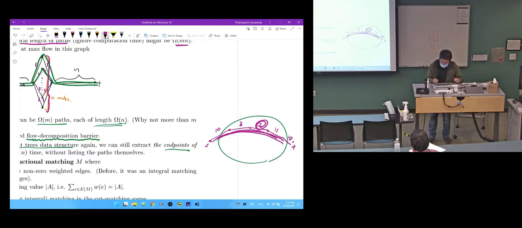Once you find this, you look at the 2 endpoints here; this is the endpoint of your path. Subtract the whole thing by 2 and repeat. You get each path's endpoints in log n time per path.